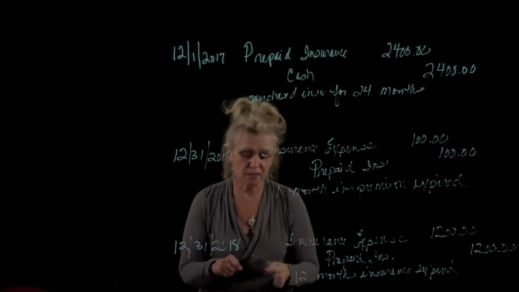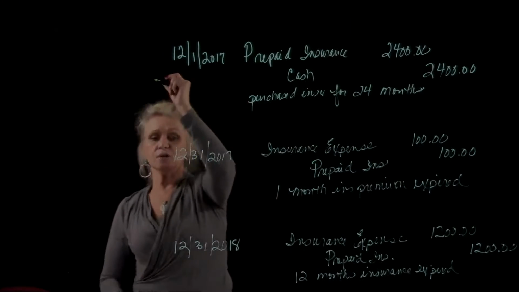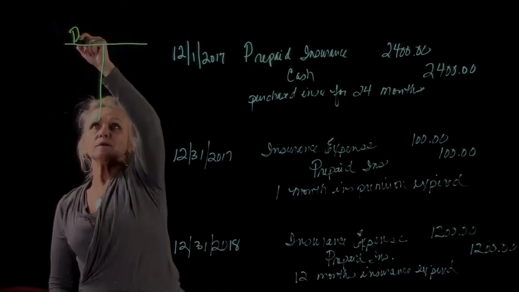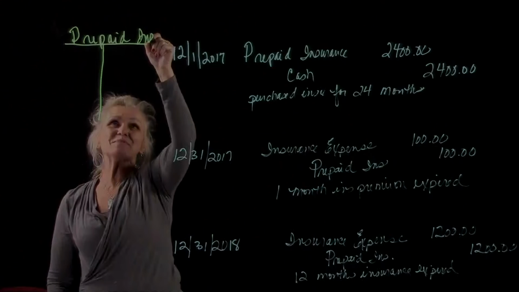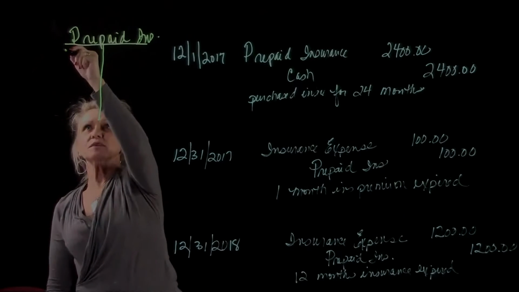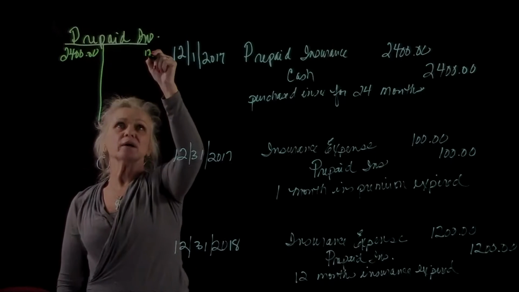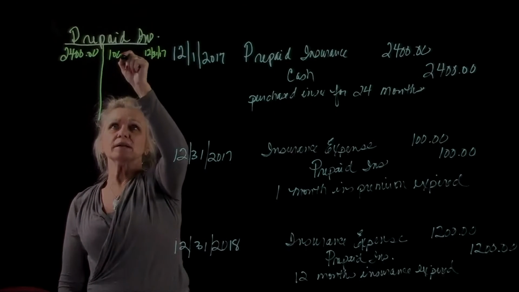And our T account for prepaid insurance is going to be prepaid insurance. Aren't you glad I got new markers? Now you can see them on the board. And it was $2,400. And on 12/31/17, we reduced it by $100.